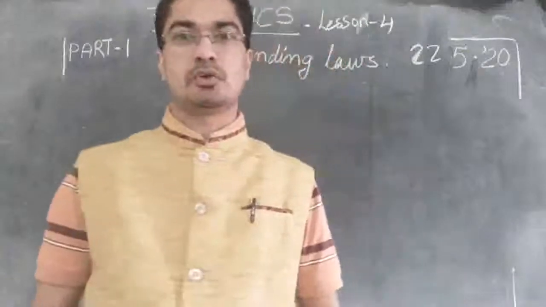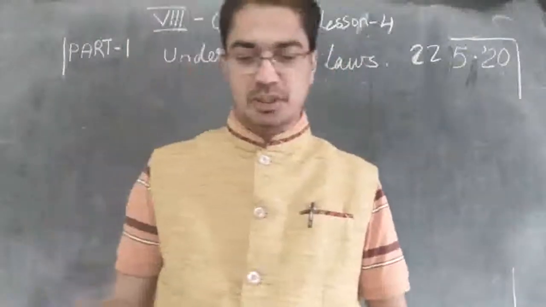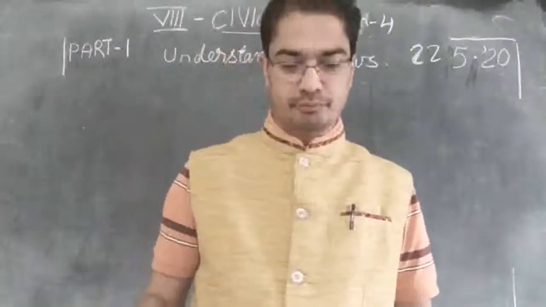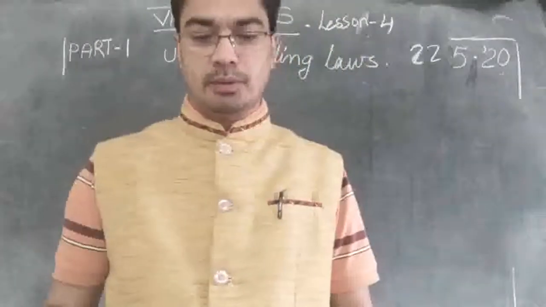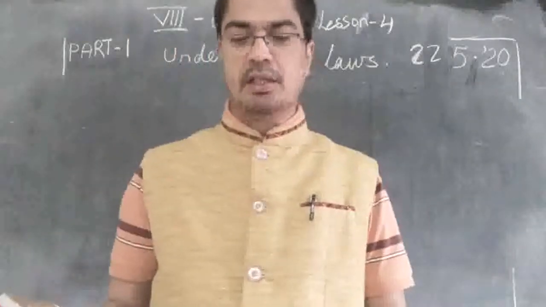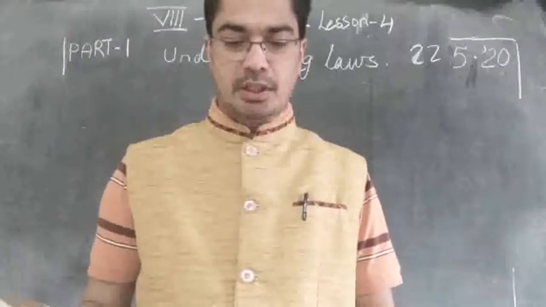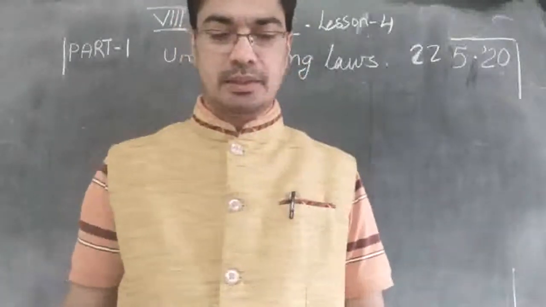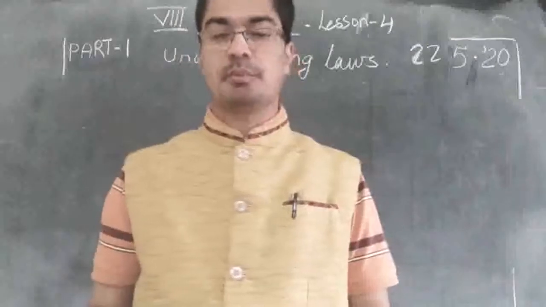So those who have textbooks, we can open lesson number 4, understanding laws. So you may be familiar with some laws such as those that specify the age of marriage, the age at which a person can vote, and perhaps even the laws dealing with buying and selling of property.